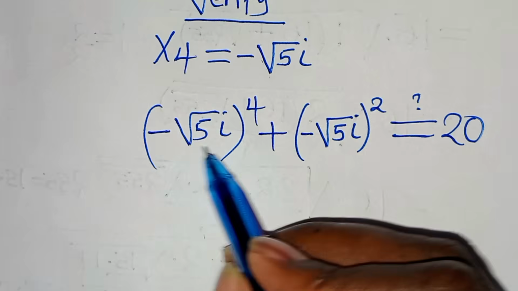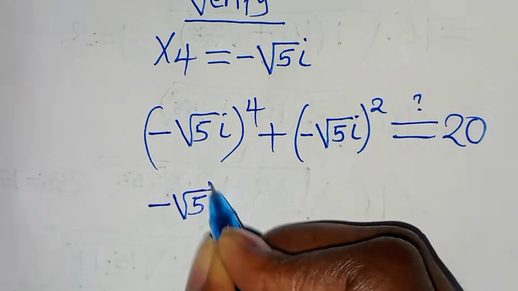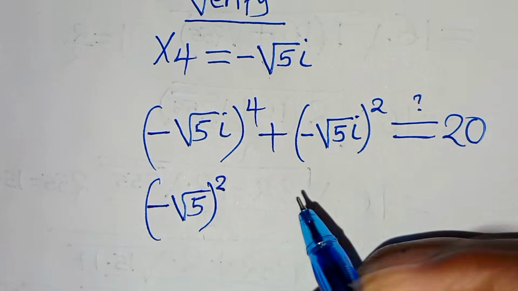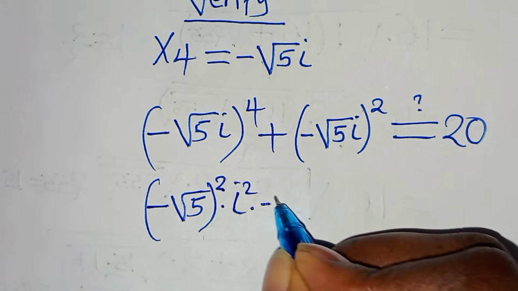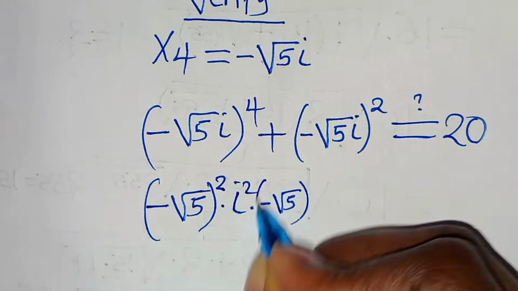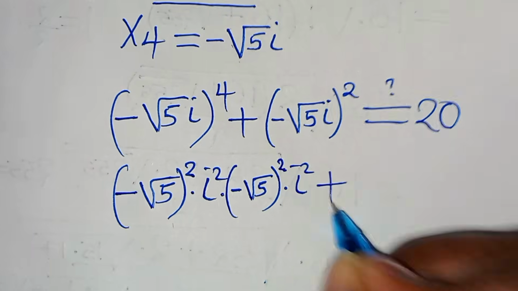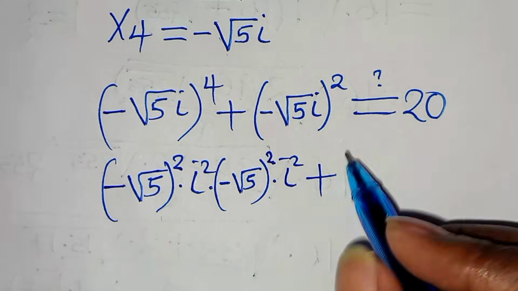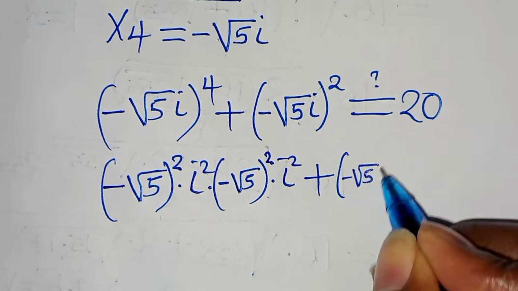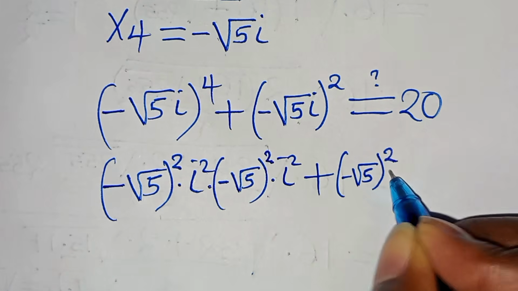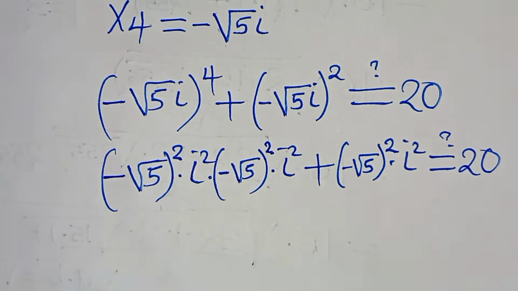So minus square root of 5i to the power of 4 is the same thing as minus square root of 5 raised to the power of 2 multiplied by i squared, then times minus square root of 5 to the power of 2, then times i squared, then plus minus square root of 5 to the power of 2, then times i squared.